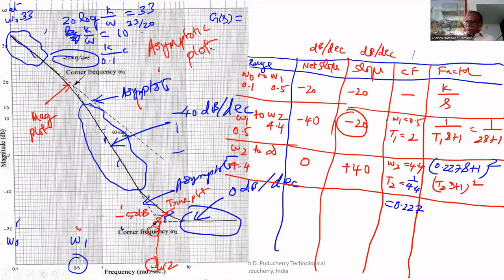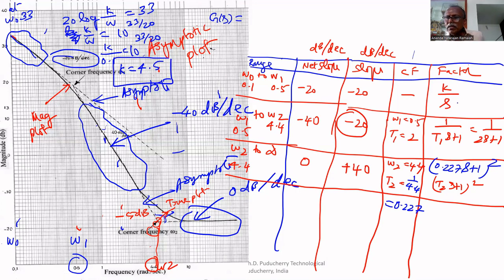Therefore, this gives the K value. K is equal to 4.5.